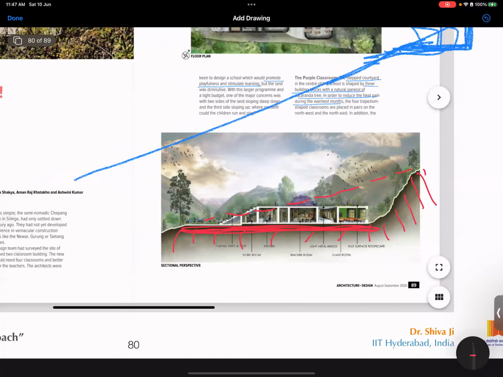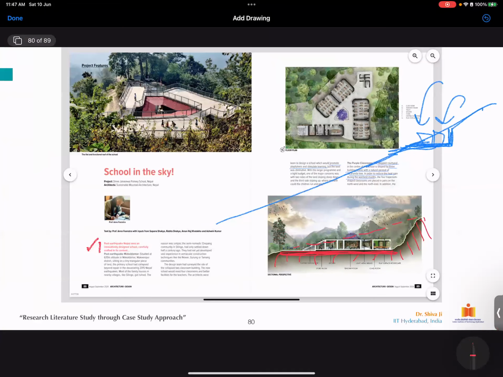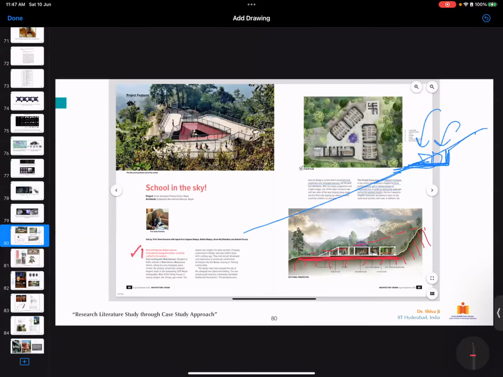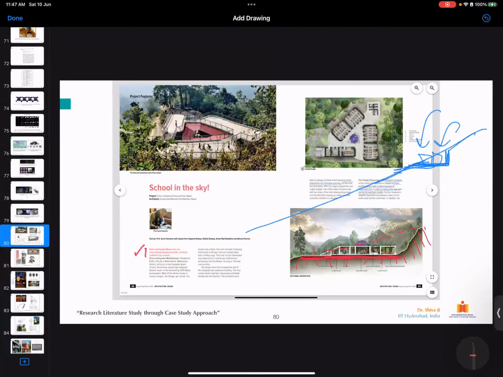On a hilltop, very little space is available for students to play, so this is where they have built a playground. If you see at the top of the roof, you see here.